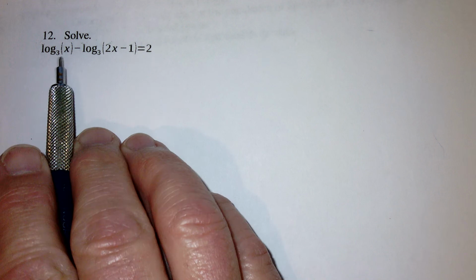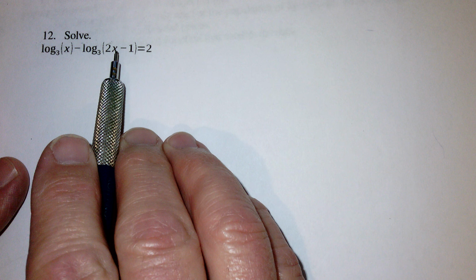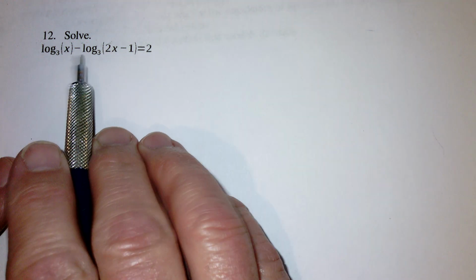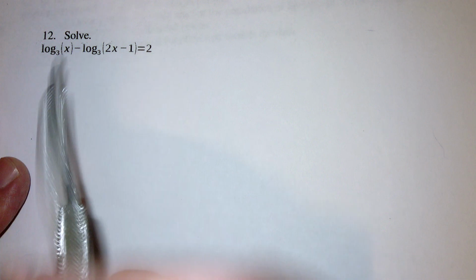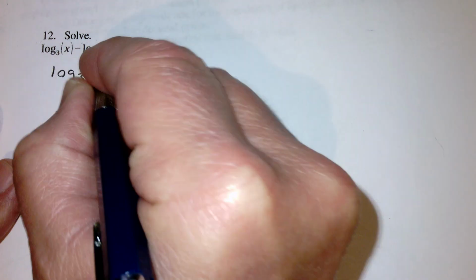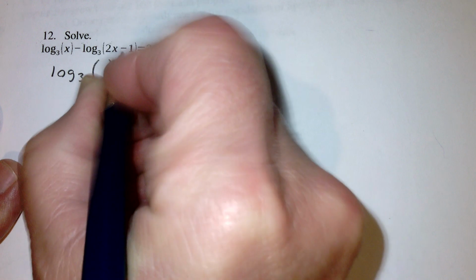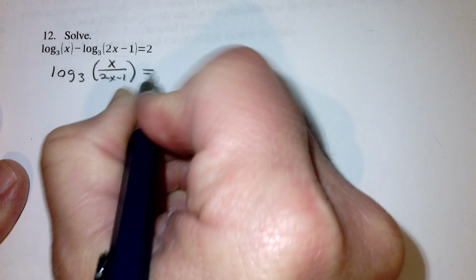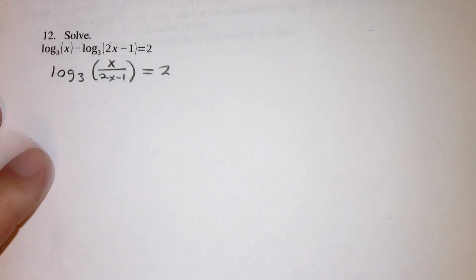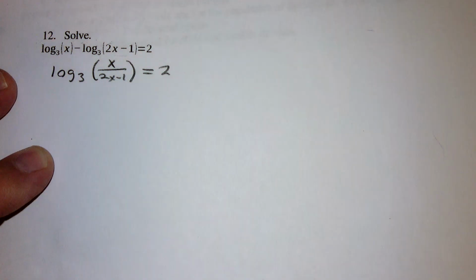I've got 2 logs, same base, both base 3, and we're just going to combine them. It's subtraction, so that means division. So we're going to have the log base 3 of x divided by 2x minus 1, and that equals 2. That's how you apply that rule.